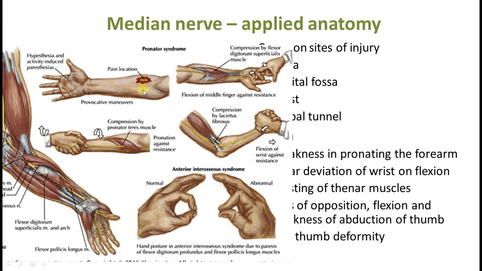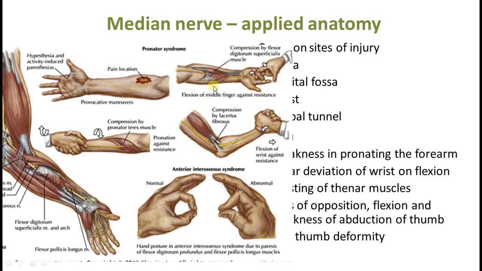So sensations, pain sensations, mainly you have altered sensations you might be having. Then compression when it is passing through the tendinous arch of flexor digitorum superficialis can be tested by asking the patient to flex the middle finger against resistance.